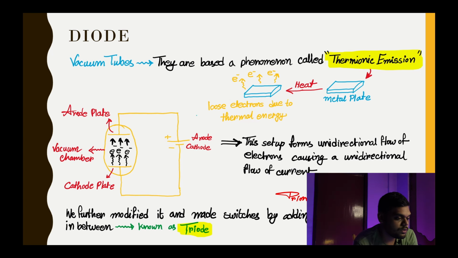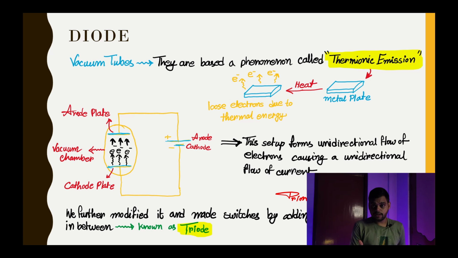Now let's have a look at this circuit. In this circuit, you can see the anode plate is connected to the positive part of the battery, and the cathode plate is connected to the negative part of the battery. So to create a vacuum tube, we heat the cathode plate.